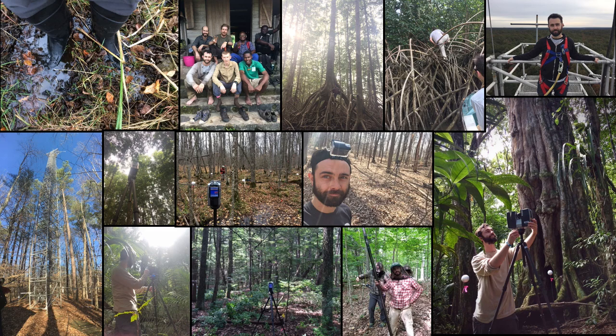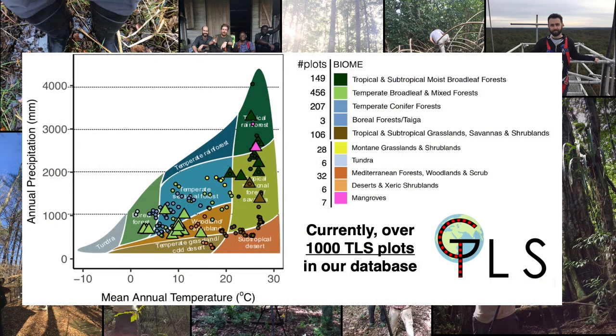But the reason I want to show you all of this is to give you a grasp of the variation in different climate conditions and forest types that we've actually captured with this terrestrial laser scanning data. Around 10 different biomes with multiple plots in each of these, for around 1,000 terrestrial laser scanning plots in this database.